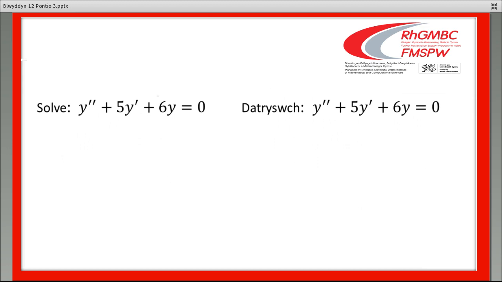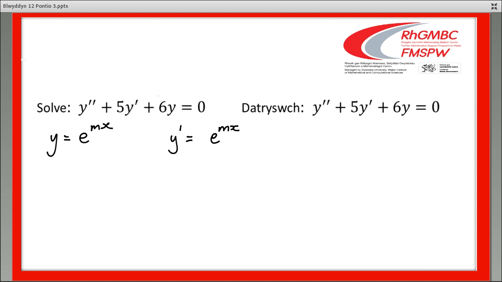Now, to that end, I've got some questions. There's the first one. Now, I've said to you that we're going to make the substitution y equals e to the mx. So if y equals e to the mx, then y dash is differentiate the exponential function, and as I said, you get the exponential function.